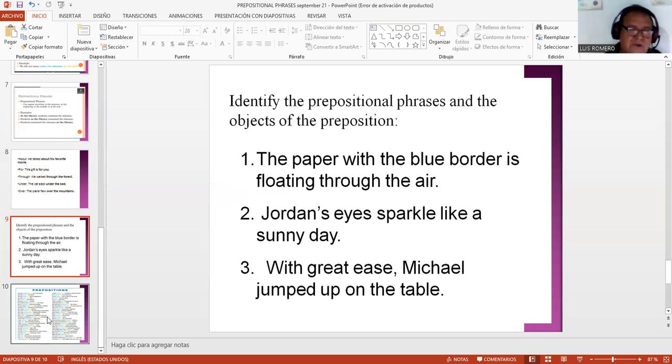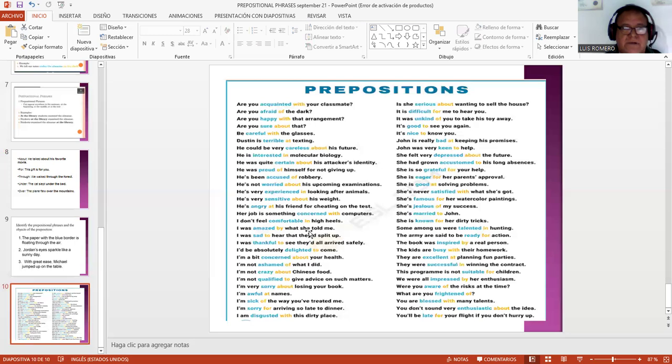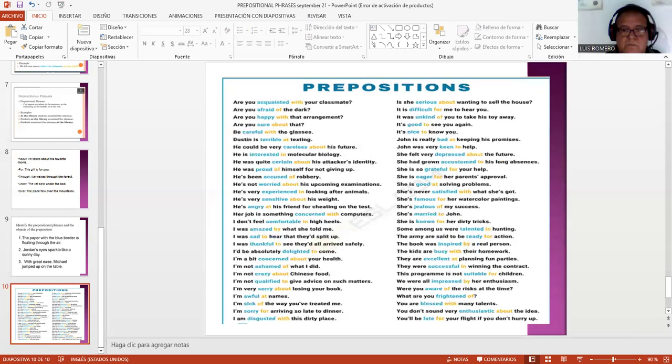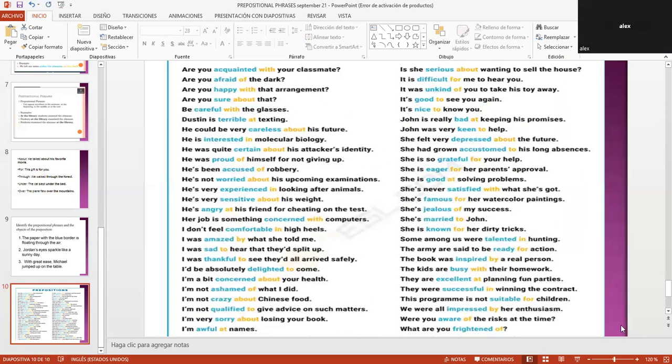Alex, here you have a list at the end. Look, at the end of this class, read the words which are in yellow. With, of, with, about, at, in, about, of, at. Okay, good.